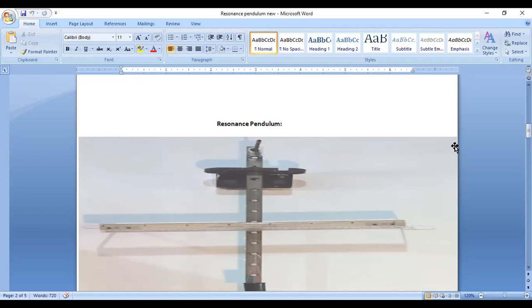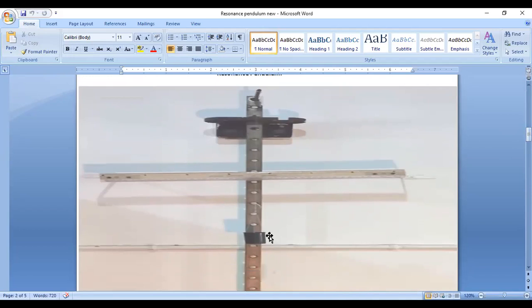If you look very carefully at this figure, you can see there is a string. The quality of the picture is not good, but I will show you the video film where the string is visible. So I have attached a string of length L, and this string of length L is attached with a mass M. This is basically a small pen of mass M. This pen is of the order of 2 gram.